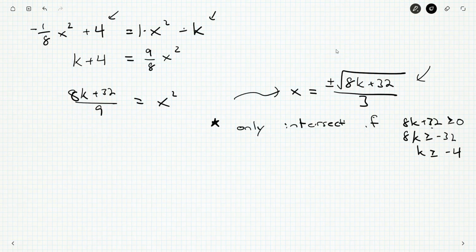No, if negative k is greater than 4. Yeah, if negative k is greater than or equal to 4. So what did I do? I feel like I did something wrong, because dividing by negative 1 should flip this. Oh, no, okay, we're fine. So we have a problem the second that k is less than negative 4. There we go.